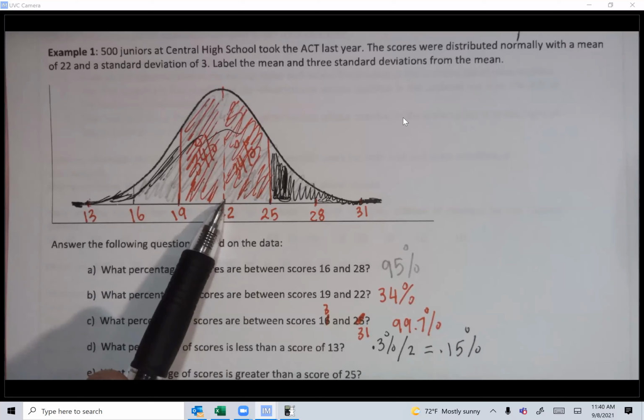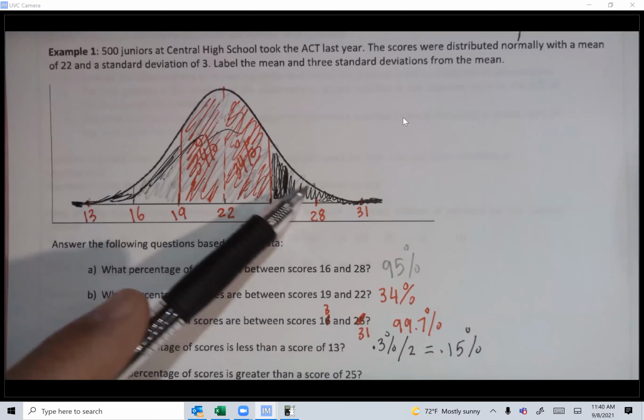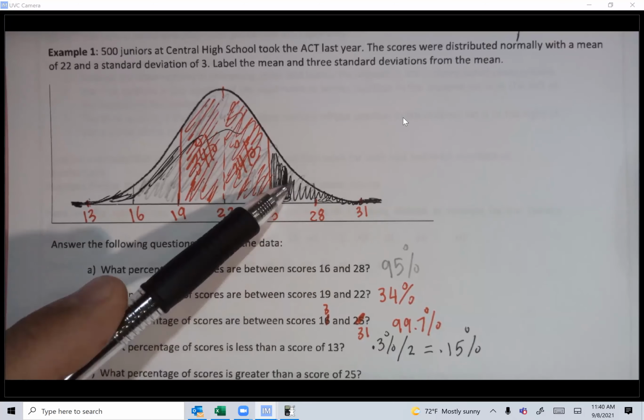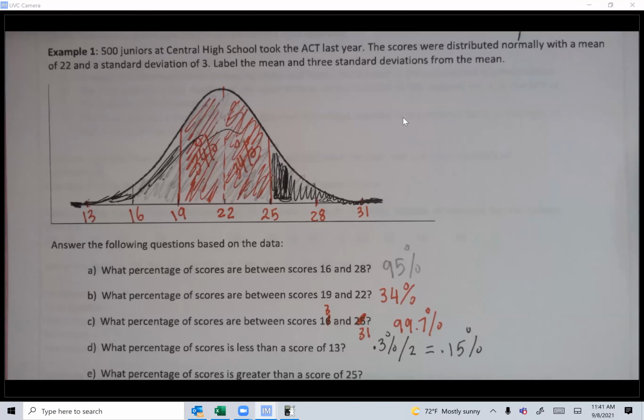Remember, that's the 50% from here and up. That's 34. What's left for the black shaded area? What do we need to add to 34% to make it 50%? Yes?